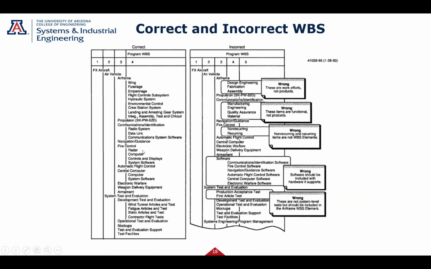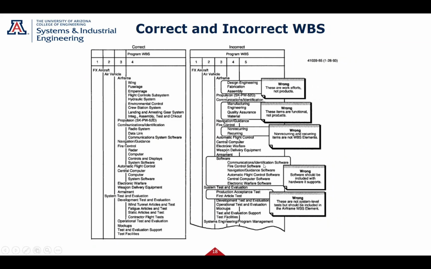Okay, fire control's got the radar, the computer, displays, and so forth. Nice. Fire control, non-recurring and recurring. Non-recurring means you only do it once. Recurring means like manufacturing, doing it over and over again. These aren't products to me. This doesn't help me define my products and my WBS.